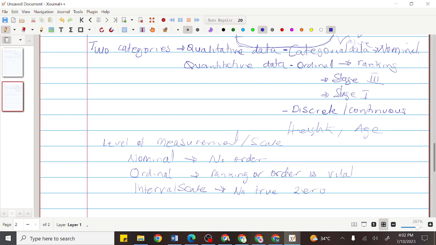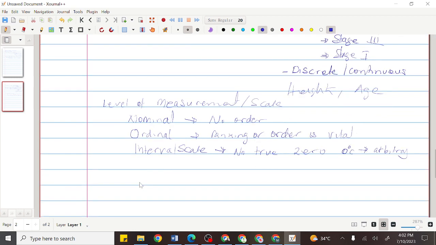If you say the temperature of one object is zero, it does not necessarily mean that there is no temperature. So this zero is actually what we call arbitrary. Okay, that means that it does not carry significance. It doesn't mean that the zero does not exist. That's what it means.